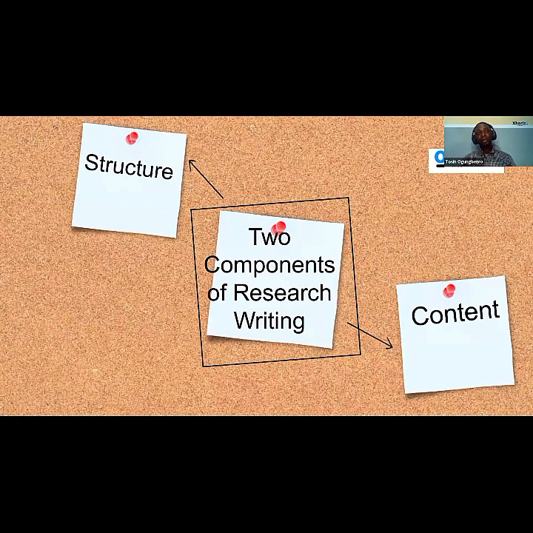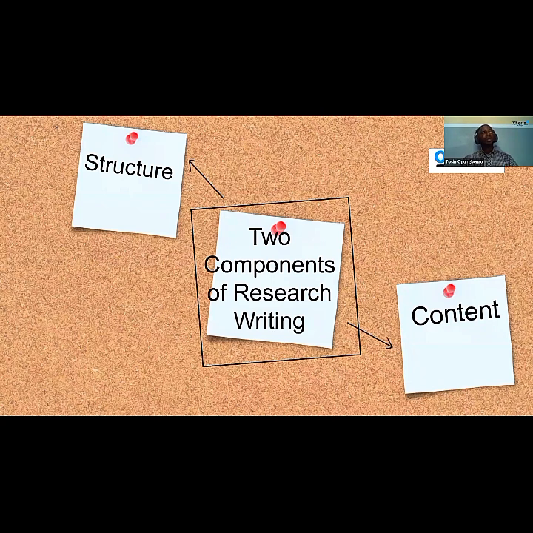Across the years, because this will be my 4th year of doing research orientation consecutively, I've been able to teach people that research writing has 2 components, which is structure and content. And it might help to explain to people the difference between structure and content and the importance of the 2.